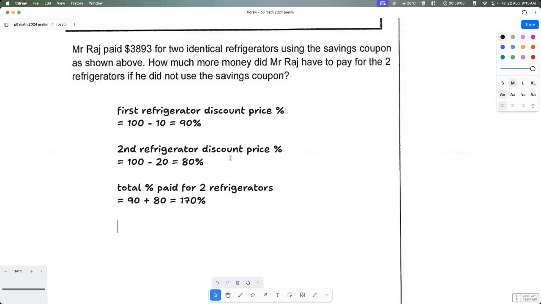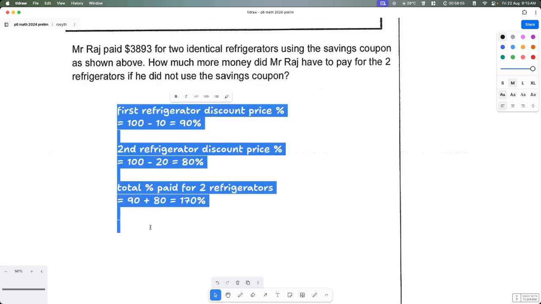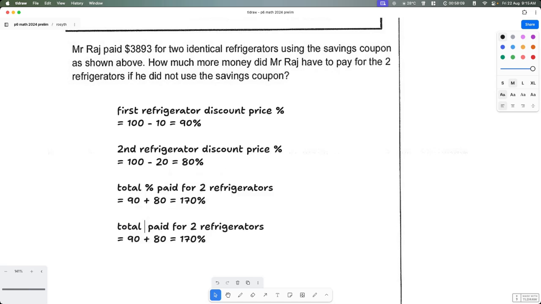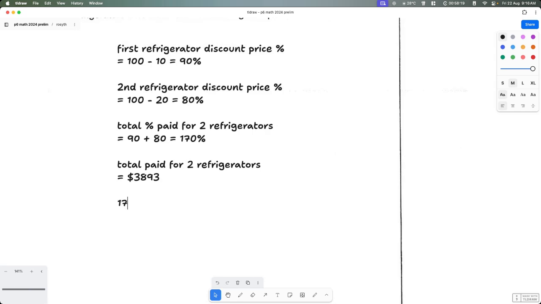And then we know how much he paid: the total paid for 2 refrigerators is $3893. So that means 170% is equal to 3893.